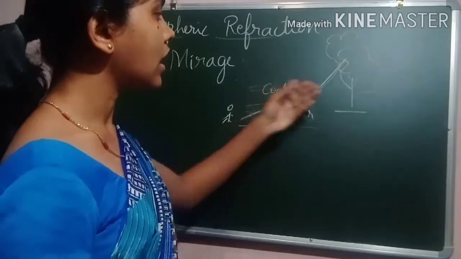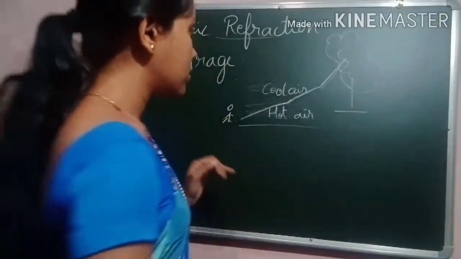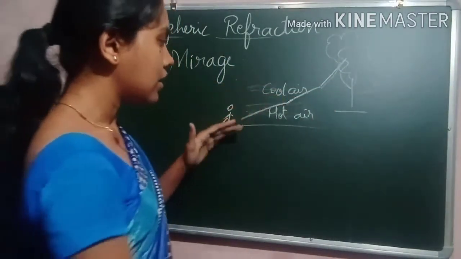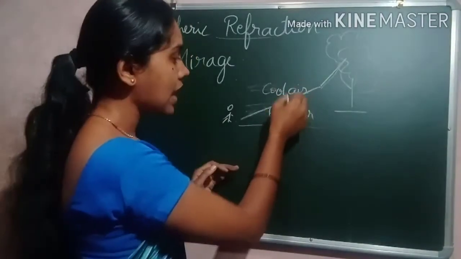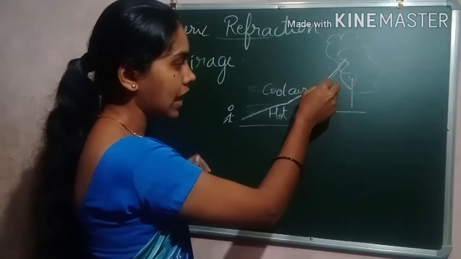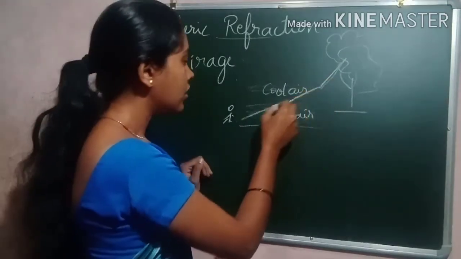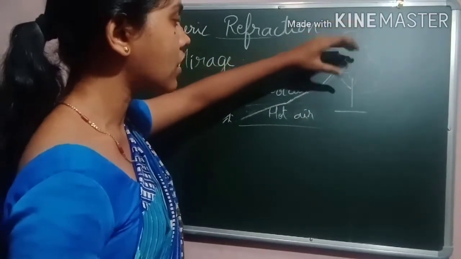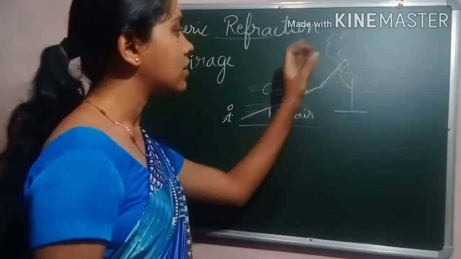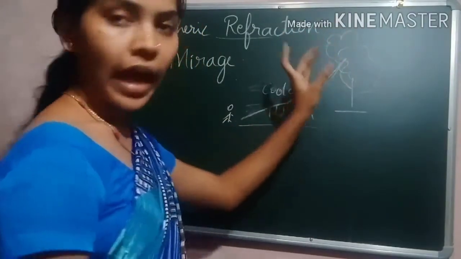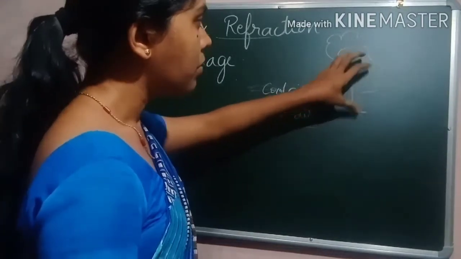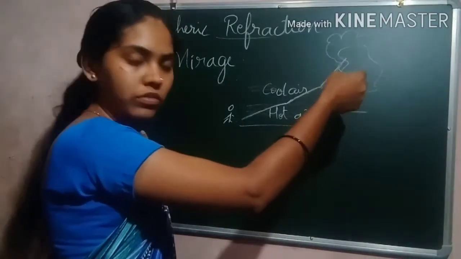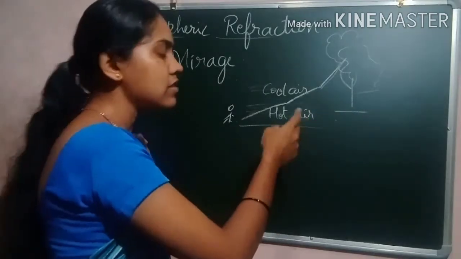So the medium varies, and the light gets refracted here, and you feel that the position of the tree is here. The actual position of the tree is here only, but it feels like it came a little above from the ground level. So the reason is refraction of light.